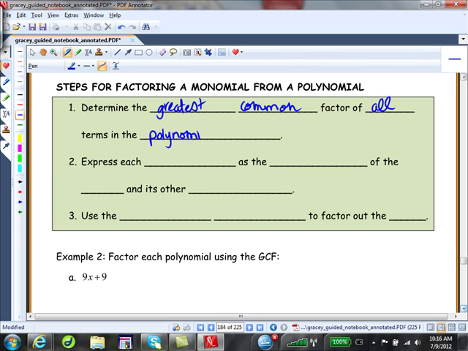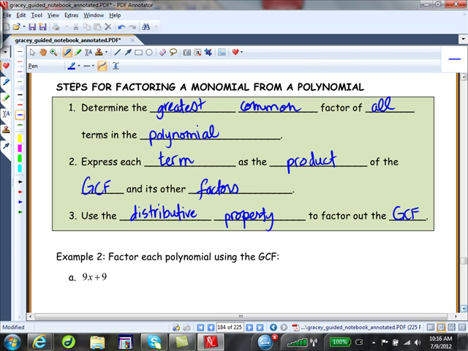Express each term as the product of the GCF and its other factors. And then use the distributive property to factor out the GCF.